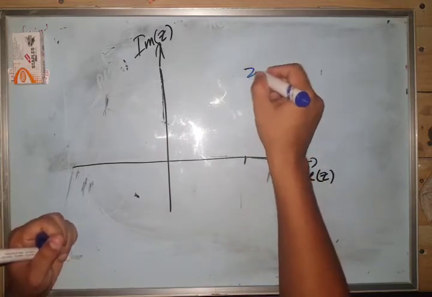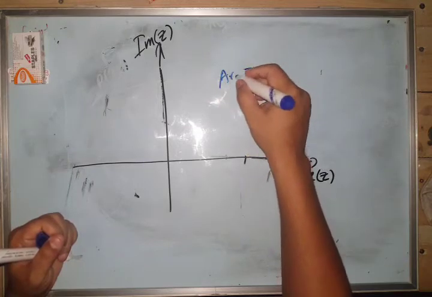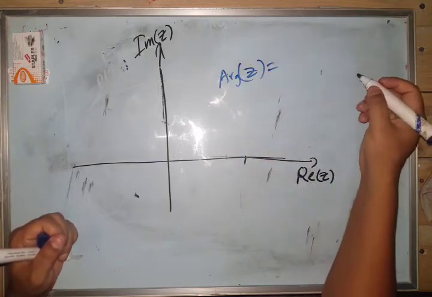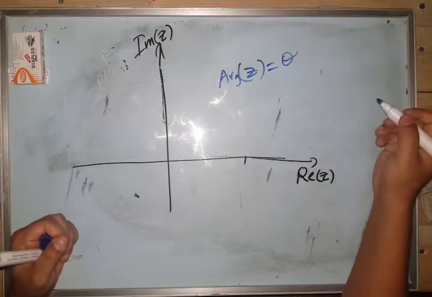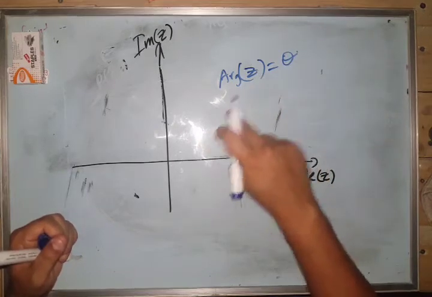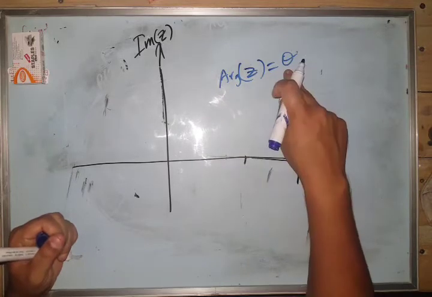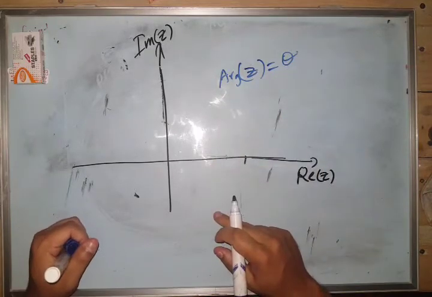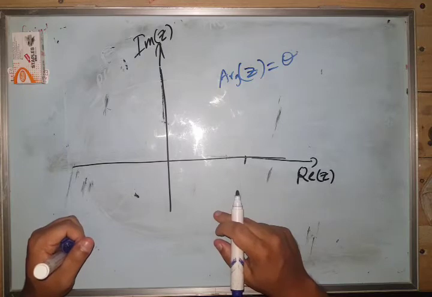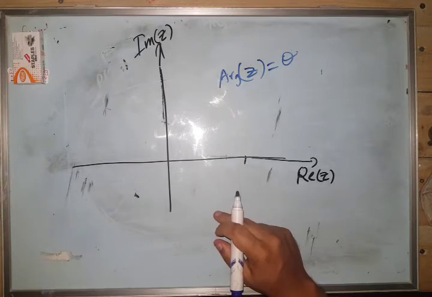So if you are supposed to find the argument of z such that it is equal to a constant, you should find all the complex numbers whose argument is theta.